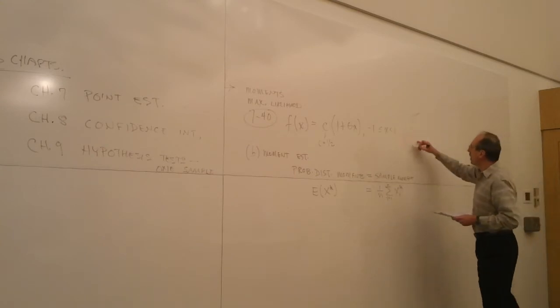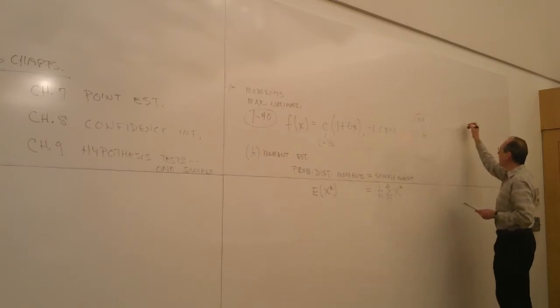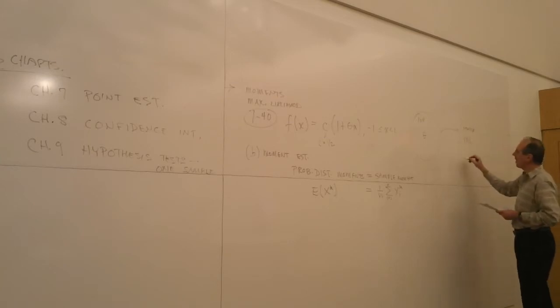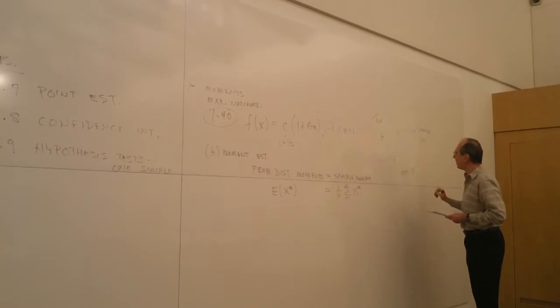So to draw this picture again, here's my population. It has various properties theta. I take a sample, and I have my set of x sub i's. And based on this, I want to go back and estimate my theta hats.